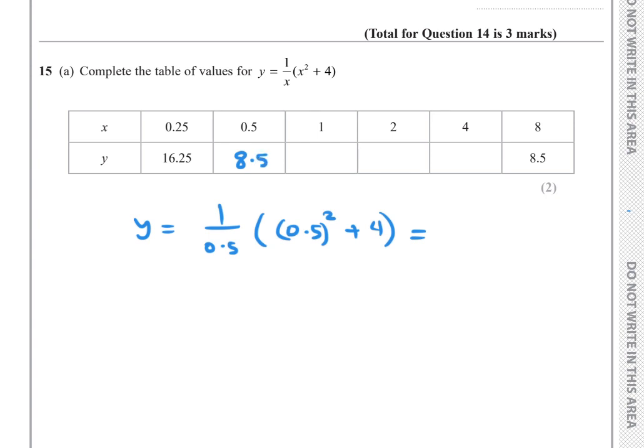Now substitute x by 1. Remove 0.5 and put 1. Then find the answer, which equals 5. Now put x equal 2.